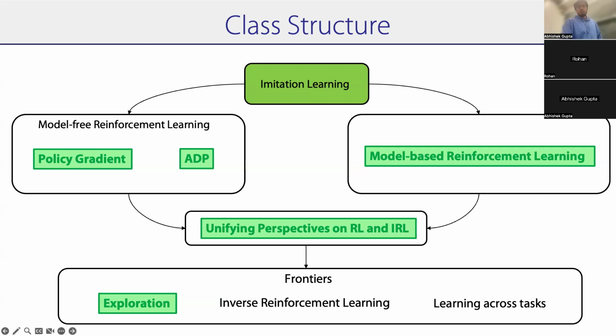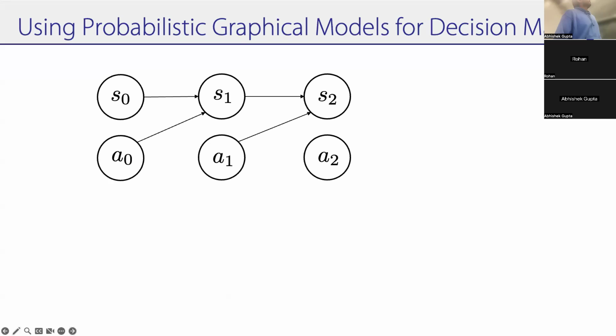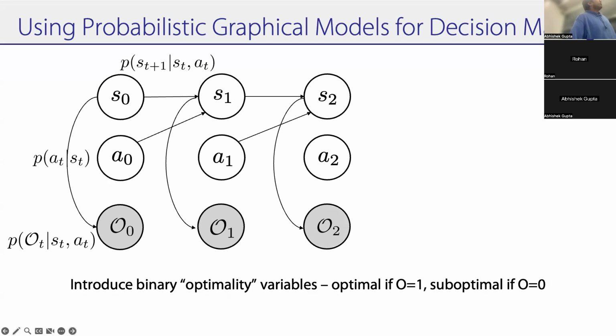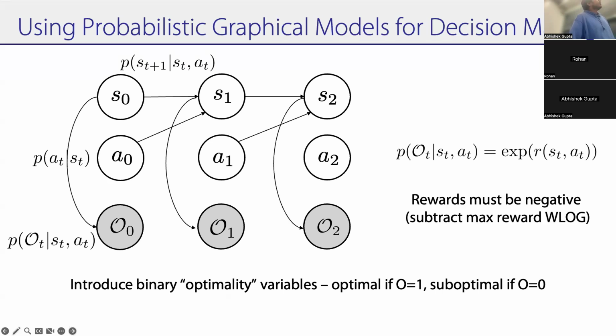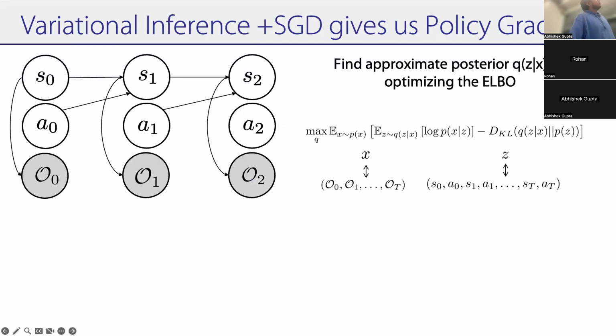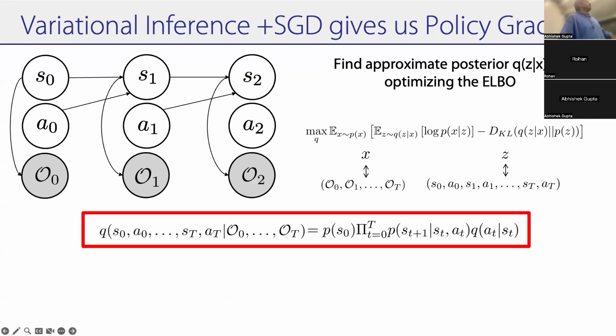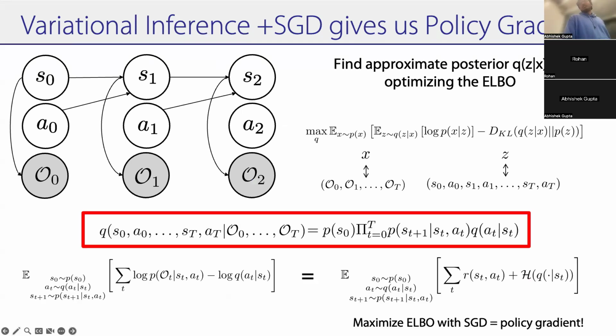To recap what we did so far in control as inference: we had the graphical model, augmented it with optimality variables, and gave those variables a likelihood equal to the exponential of the reward. Variational inference on this gives us policy gradient, since we derived the evidence lower bound and showed it gives us policy gradient.